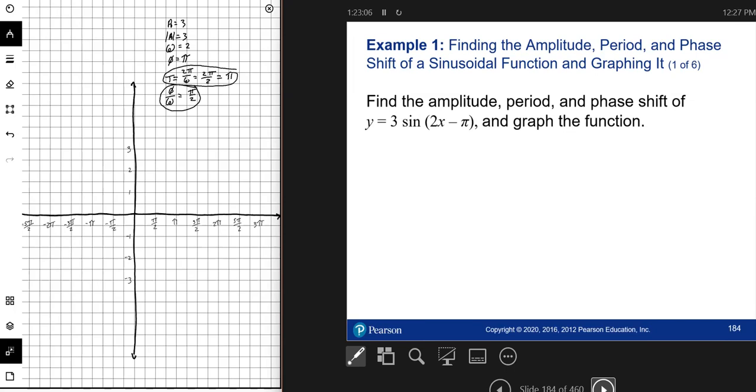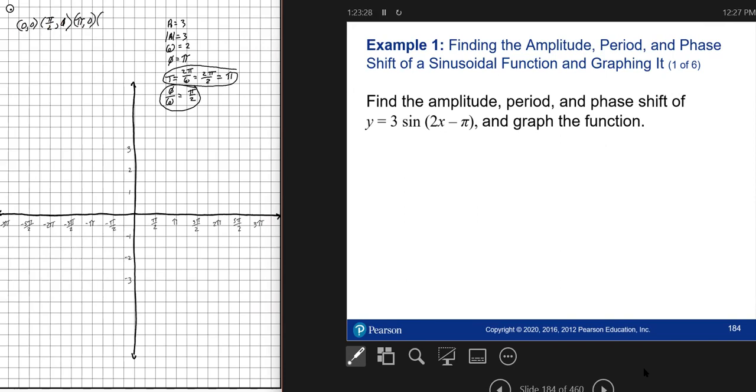Since it's sine, my key 5 points are from (0, 0), (pi over 2, 0), (pi over 2, 1), (pi, 0), (3 pi over 2, negative 1), and (2 pi, 0).